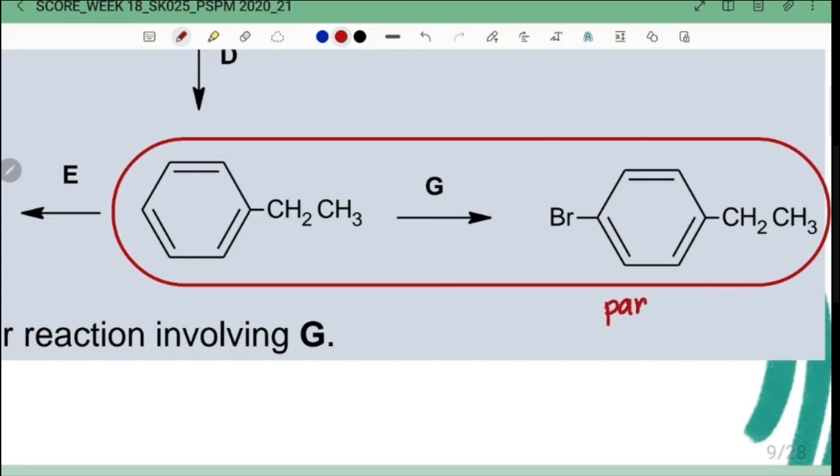Why do I say para? This one is 1,4. Para bromo ethyl benzene. Okay, para bromo ethyl benzene.